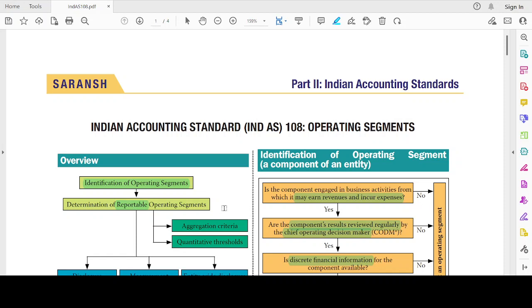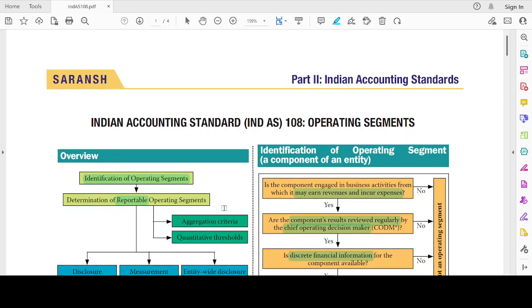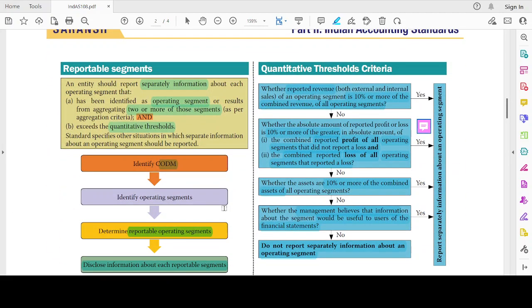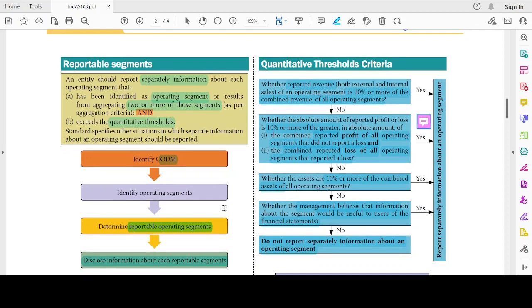And third, it has a discrete set of financial information. Then the third step is to determine the reportable operating segment, where we had two conditions. One is that we have identified it as an operating segment or it has been identified using the aggregation criteria. And second is that it exceeds the quantitative threshold. And four, once I have determined the reportable operating segments, then the financial information belonging to those reportable operating segments has to be disclosed to the users of the financial statements.